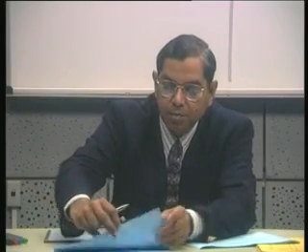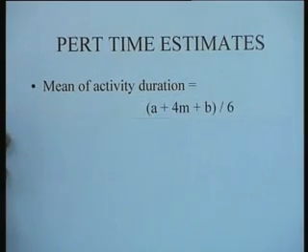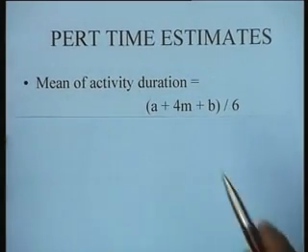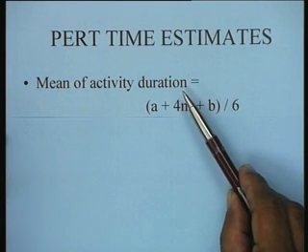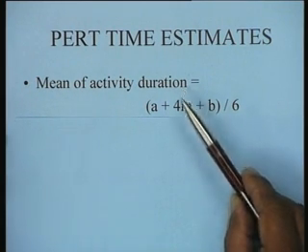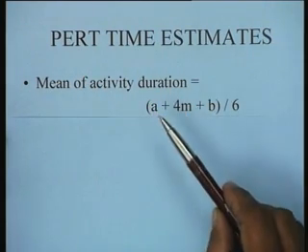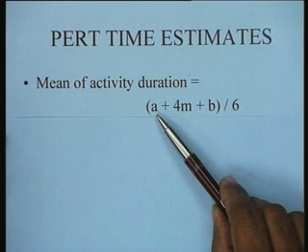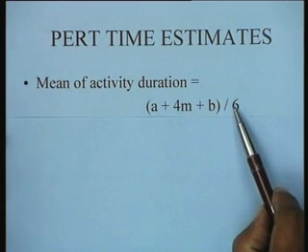Now, these 3 time estimates that we talk about could in fact be easily combined to obtain the various parameters of the distribution. The first parameter which is of interest to us is the mean of the activity duration, and under standard PERT computations we estimate the mean to be (A + 4M + B)/6.